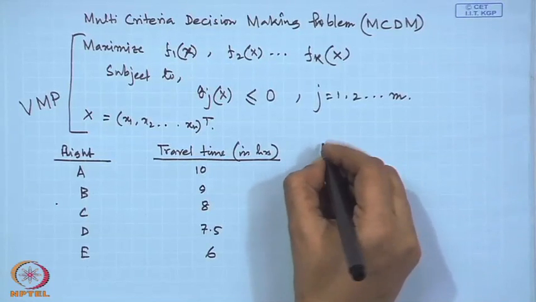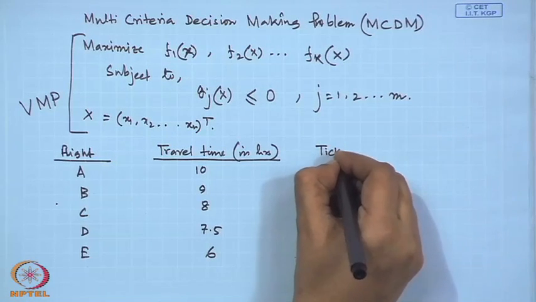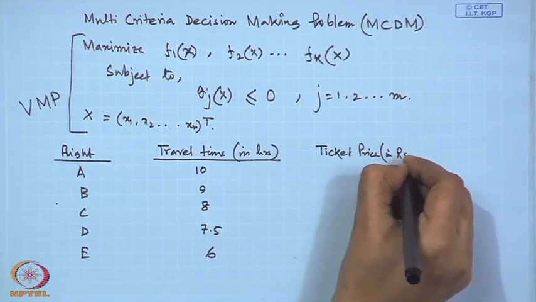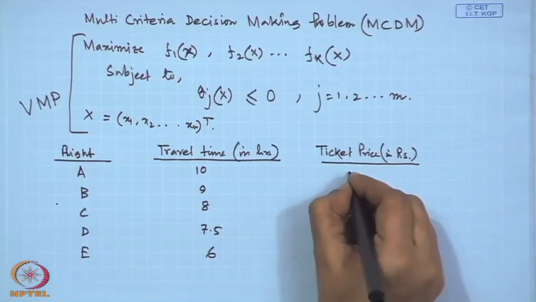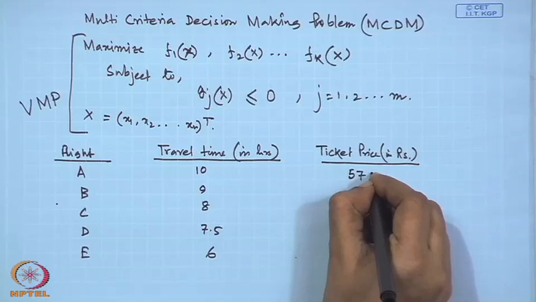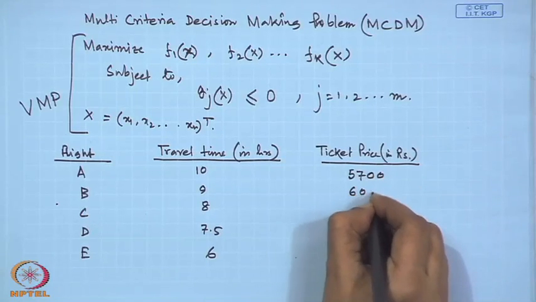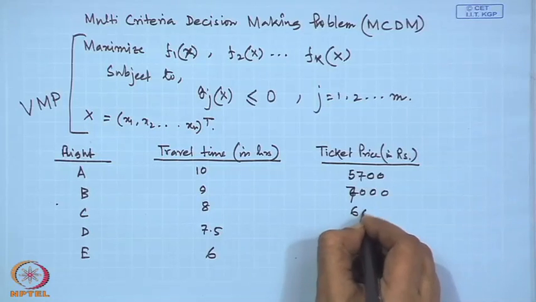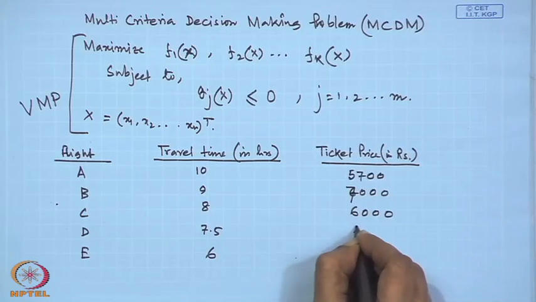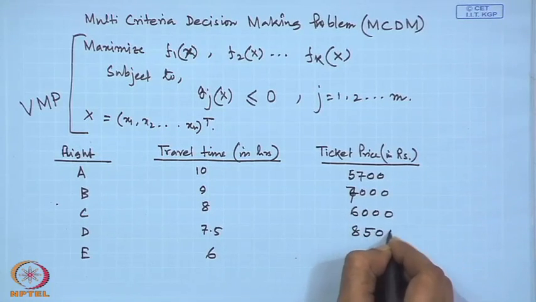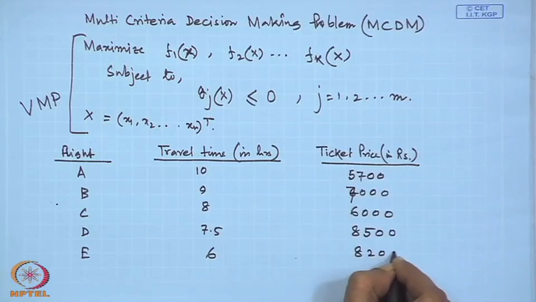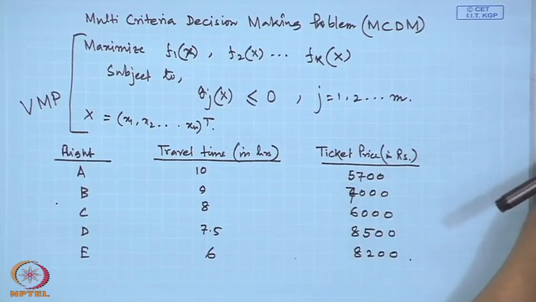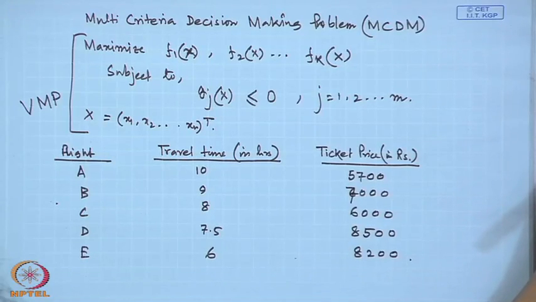At the same time, the data for the ticket price is given in rupees. For option A it is 5,700, for option B 7,000, for option C 6,000, and similarly 8,500 and 8,200.